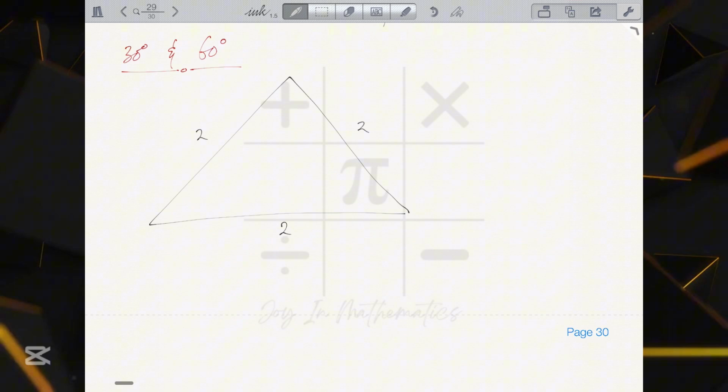Now, if it's an equilateral triangle, definitely the angles are equal, which are 60 degrees, 60 degrees and 60 degrees.